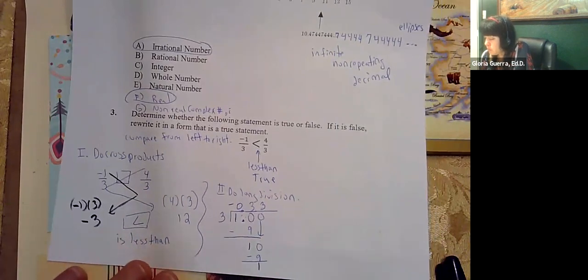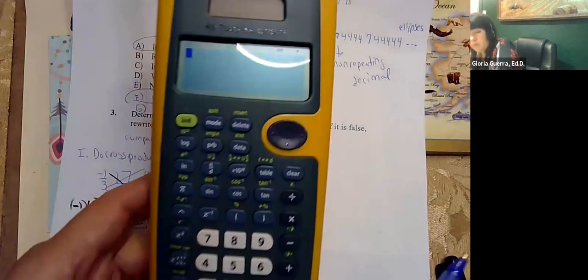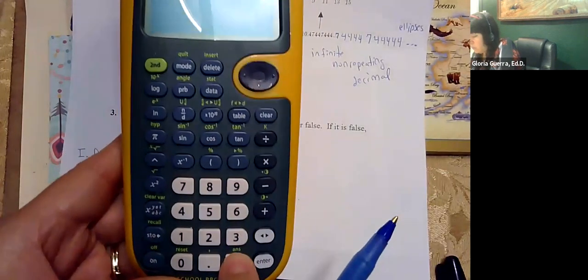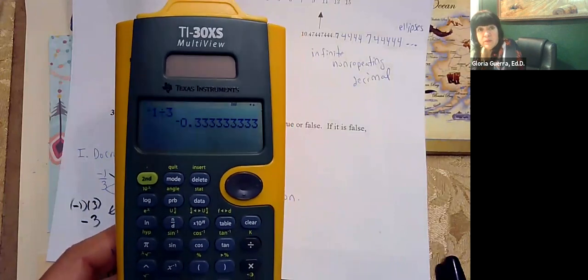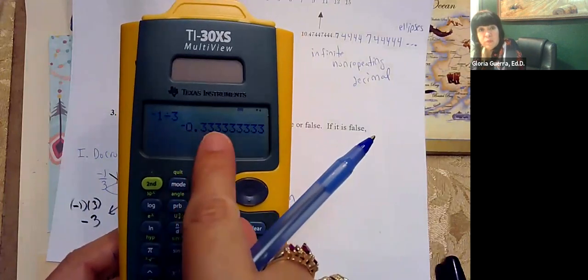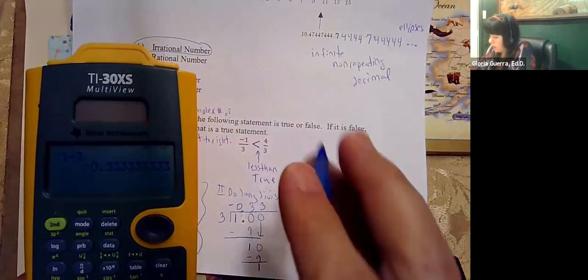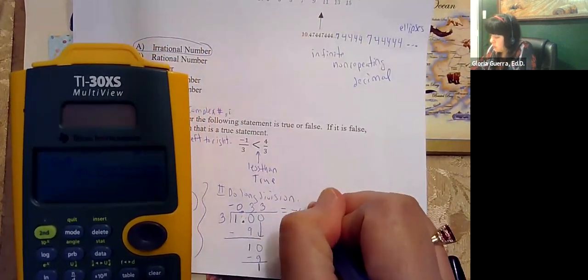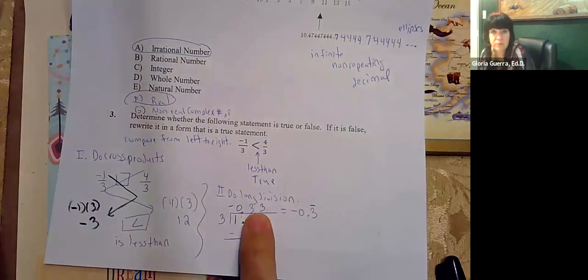Okay. All right, so now I'm going to get my calculator and I'm going to just double check that. -1 divided by 3. -1 divided by 3 is, see, 3 repeating. So see, that is what we have. We have -0.3 and then the bar over that digit that keeps repeating.